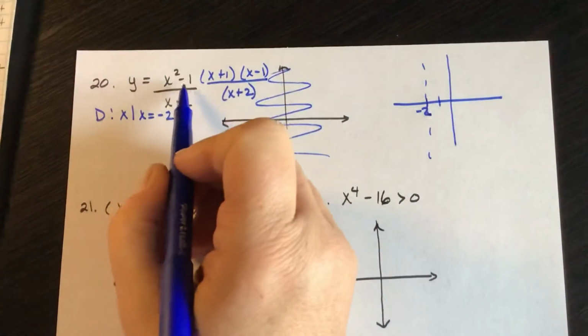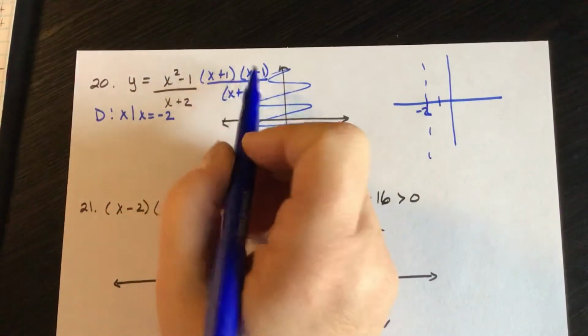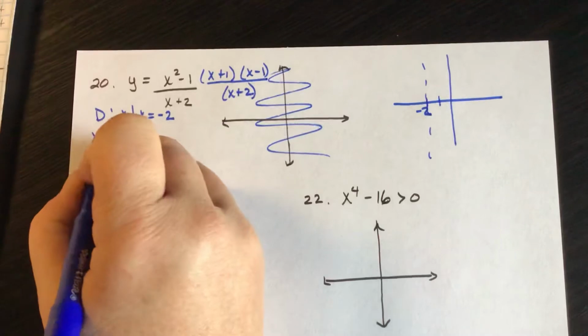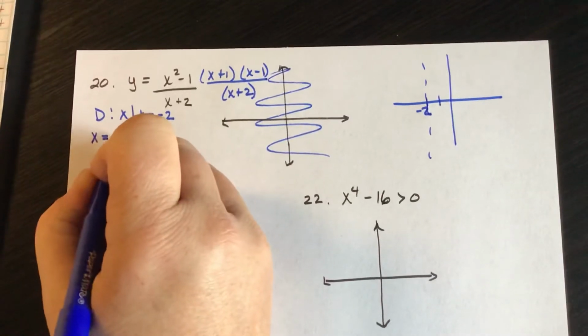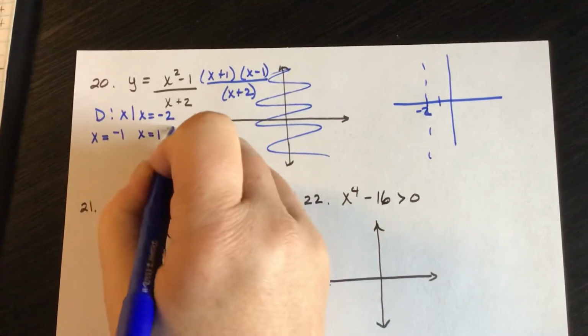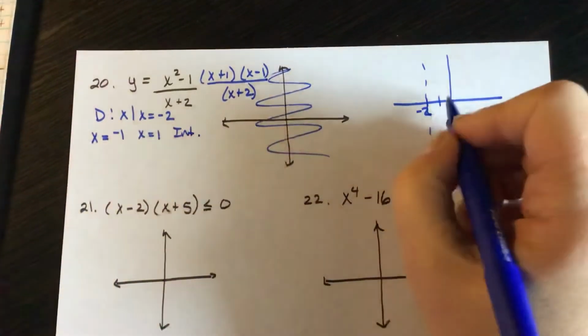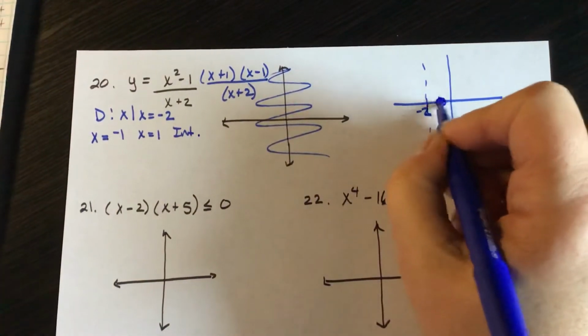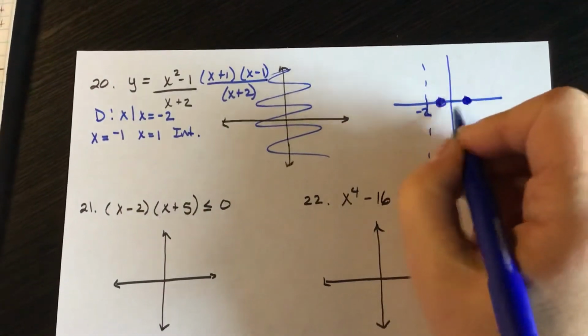My x-intercepts come from the zeros in the numerator. So x-intercepts, x is -1 and x equals 1 are the intercepts. So at -1 and at +1.